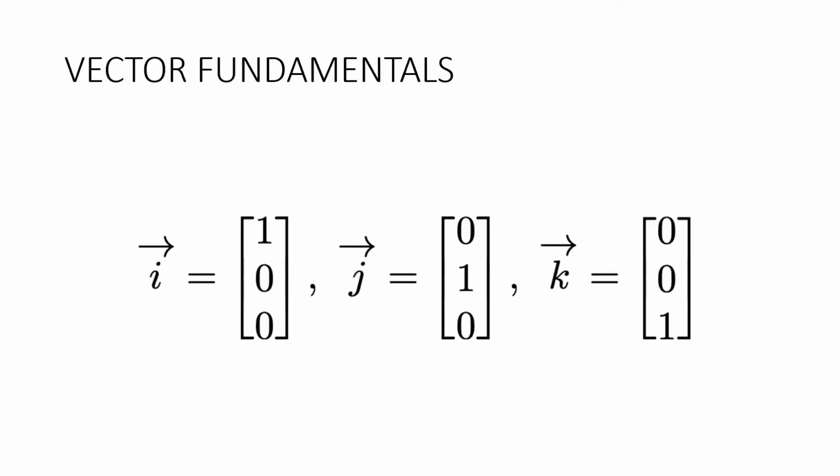Let us discuss some aspects of vectors. Here, i, j, k are unit vectors along the x, y, and z axis. i can be written as (1, 0, 0), j as (0, 1, 0), k as (0, 0, 1).